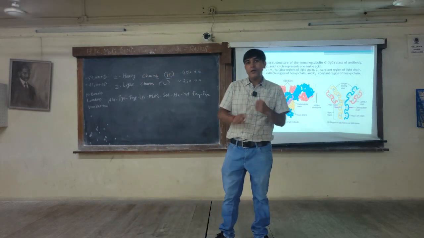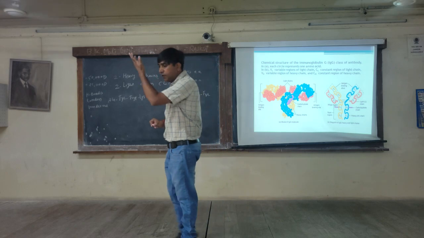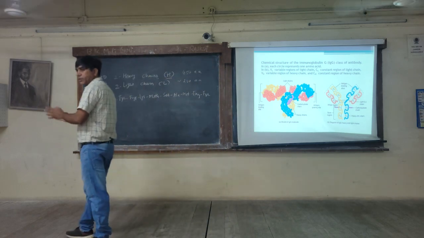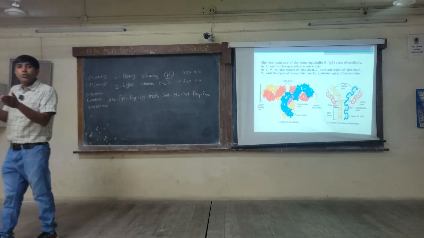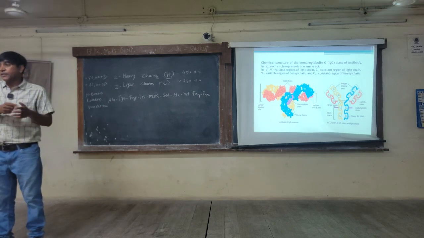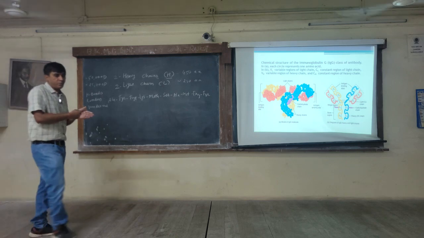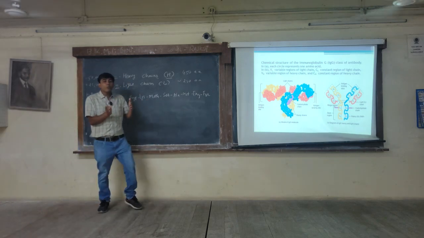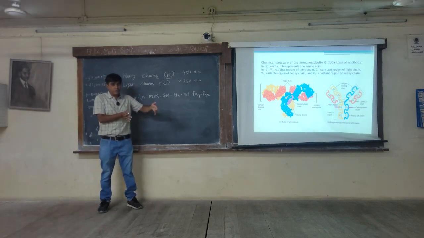A single bond won't work, unlike an ionic bond or the covalent bonds. A single bond is sufficient to hold two atoms together. Over here, it is not, and that's why multiple bonding sites should be there, and that is why a complementary structure is to be produced.